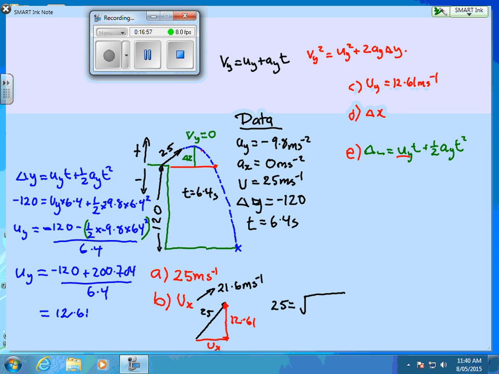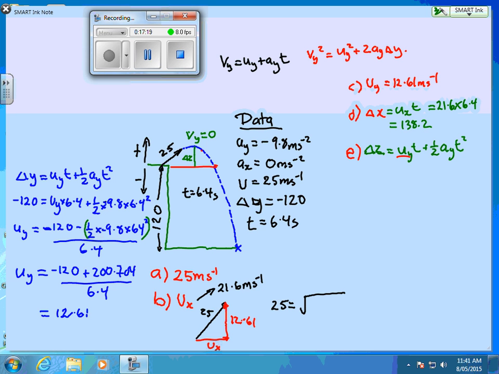That's correct? Good. Okay. The range equals 138.2. So range is simply uxt. So that's simply going to be the 21.6 times the 6.4. What did you say it was? 138.2.